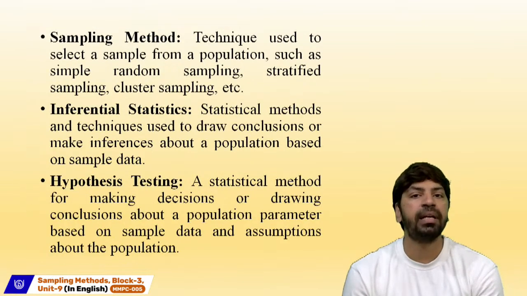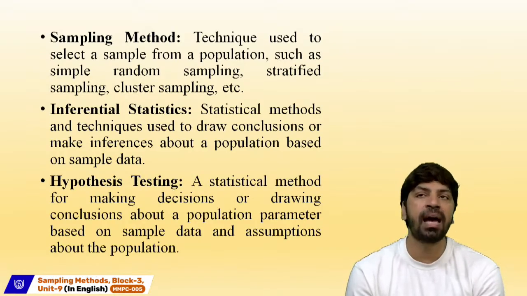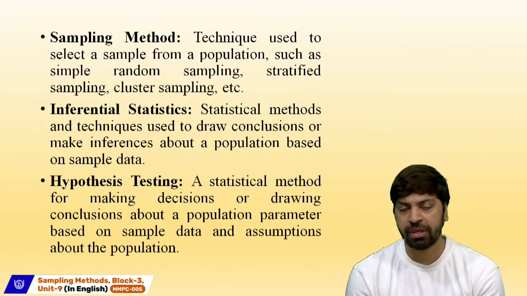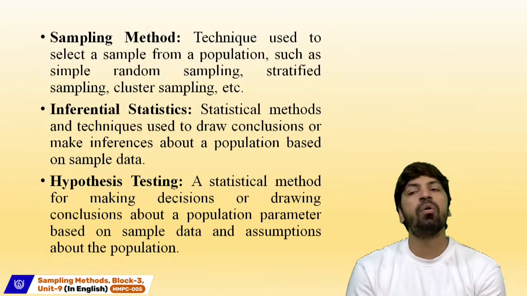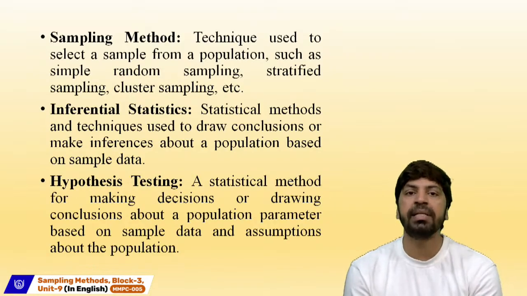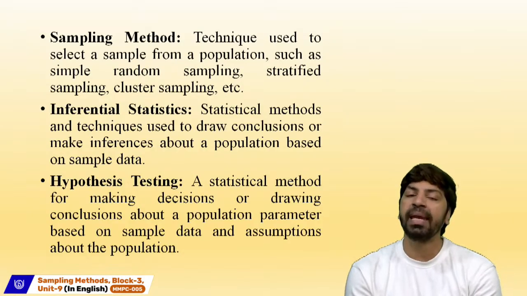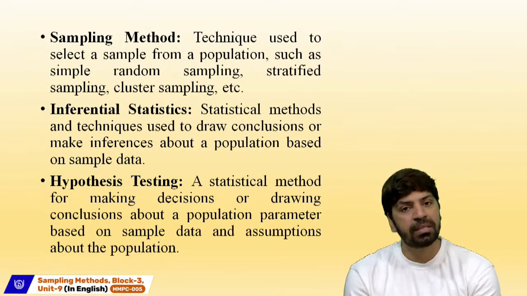Sampling method refers to the techniques used to select a sample from the population, such as random sampling, stratified or cluster sampling, etc. The next is inferential statistics. It refers to all those statistical methods and techniques which are used to draw conclusions or make inferences about the population based on the collected sample data.